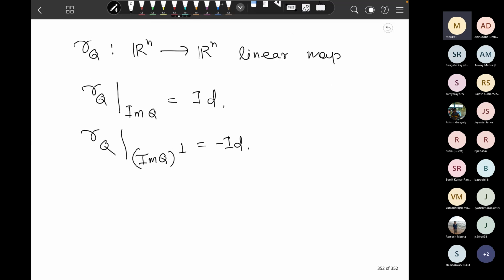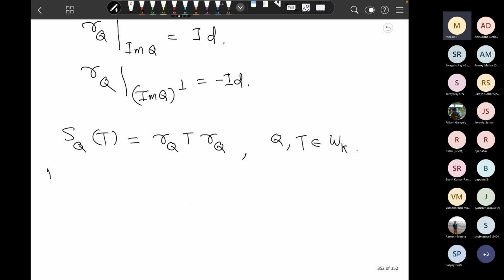Now we have defined S_Q(T) as R_Q T R_Q, where T belongs to W_K.